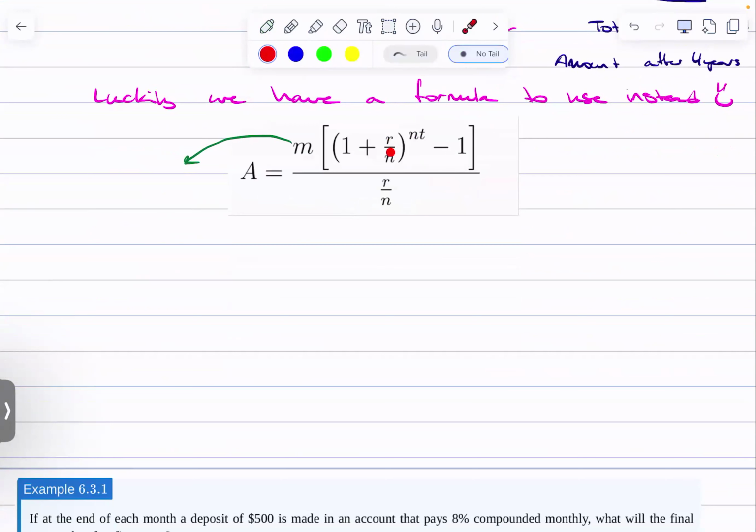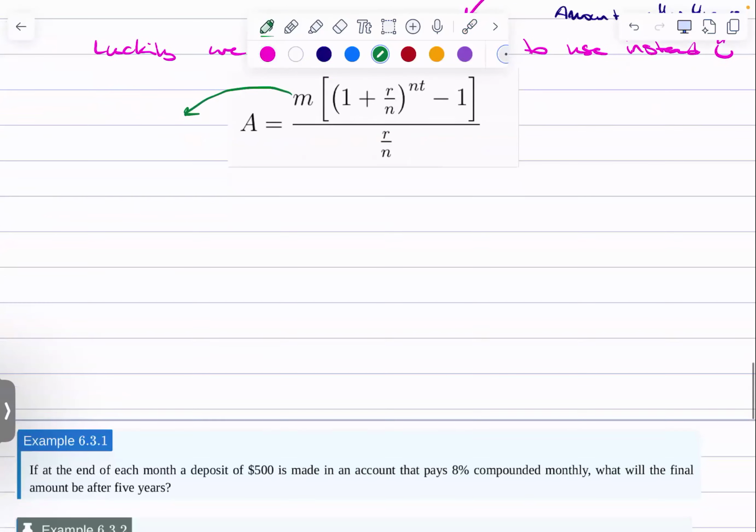We're familiar with R. In fact, we're familiar with R over N. It's your rate divvied up over each of the compounding periods. N times T, we've seen that before. R over N, again. So M is the payment amount.